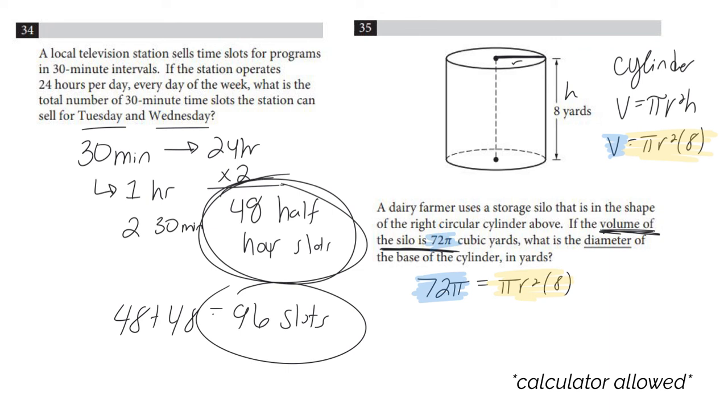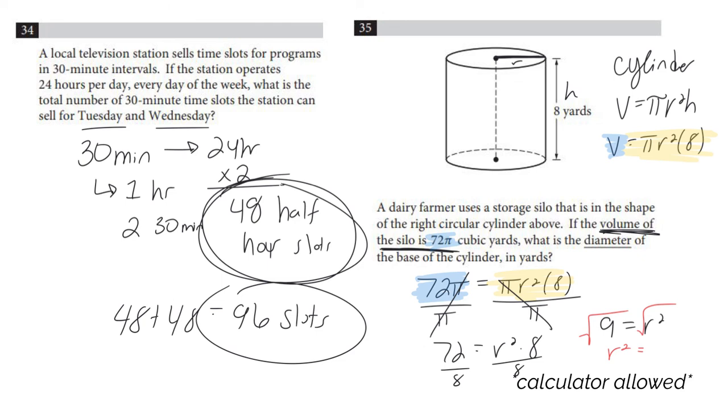Notice there's pi on both sides. We can divide by pi on both sides and watch it disappear. So 72 equals r squared times 8. Divide both sides by 8. 72 divided by 8 is 9. 9 equals r squared. I can take the square root of both sides, and I get r equals 3.